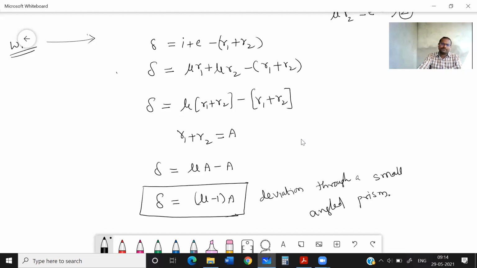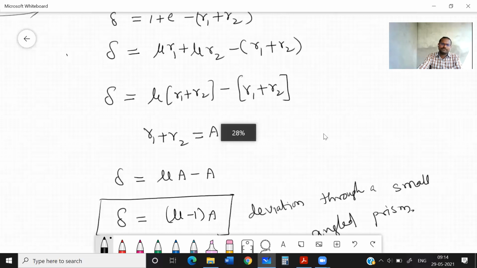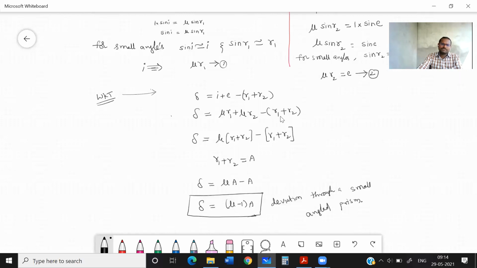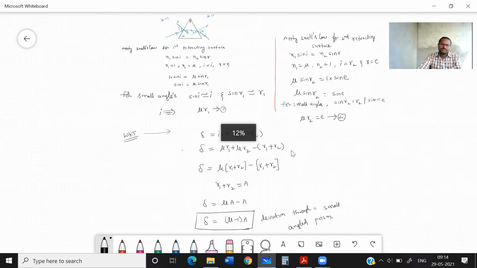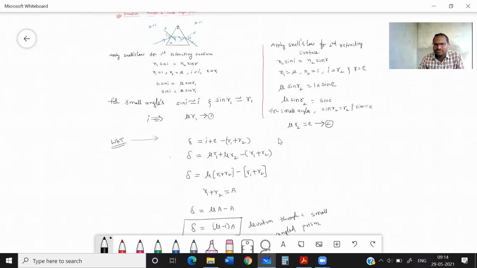Important point. How many of you understood this point? Students, once you check this, observe this one, you can zoom it, you can see. The point is important.